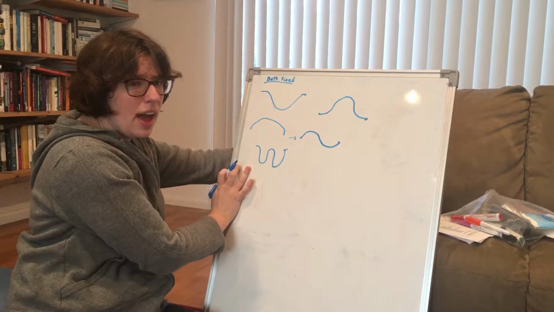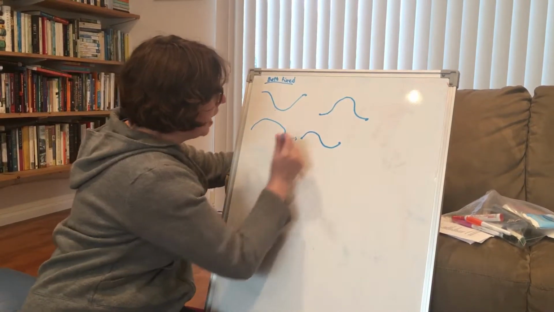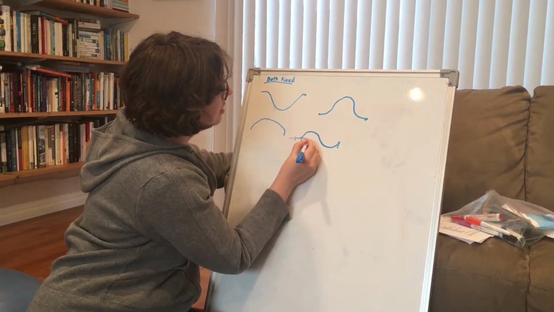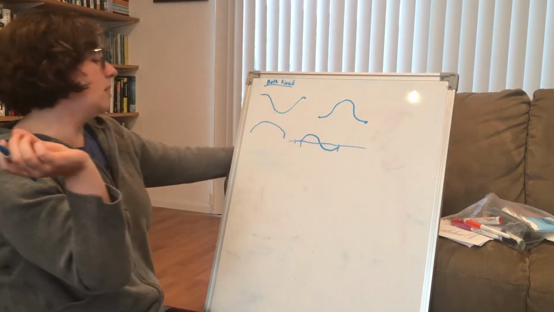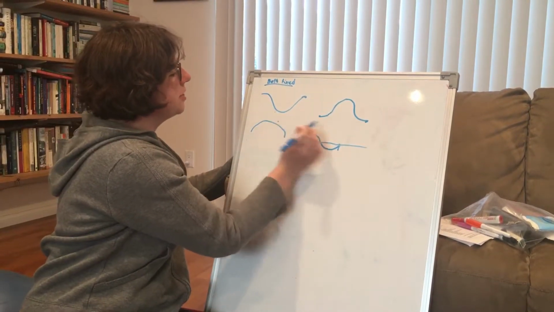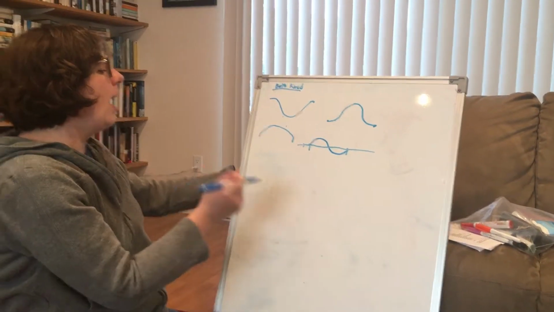No string ever looks like that. So we can assume we're hitting the ends of the string at the center. Looking at that, from the first stage to the second stage, we've added a half wavelength.